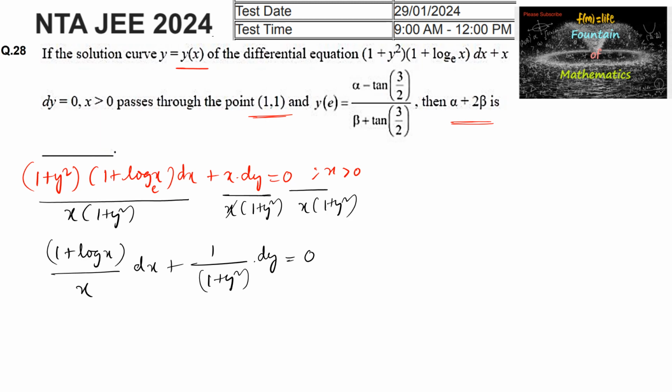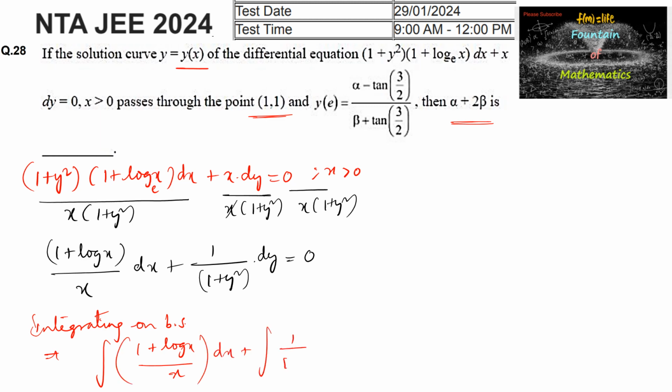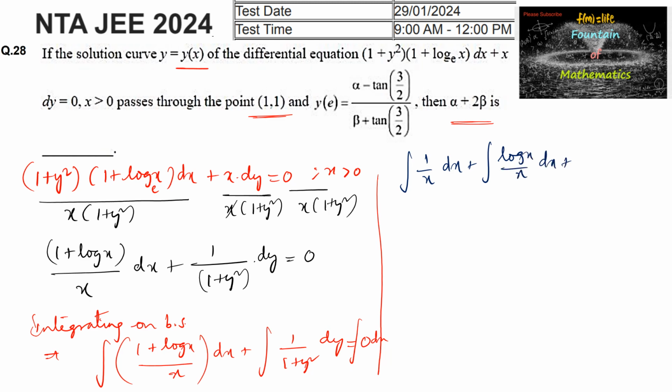Now for integrating on both the sides, we get the integral of (1 + log x)/x dx plus the integral of 1/(1 + y²) dy is equal to the integration of 0 dx, so that the integral of 1/x dx plus the integral of (log x)/x dx plus the integration of 1/(1 + y²), which is tan inverse of y, is equal to c.